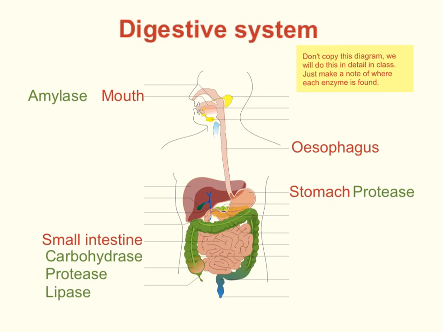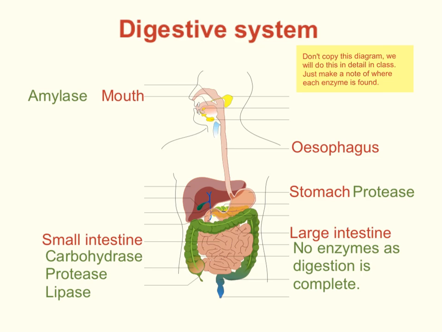Now, all of those molecules that I've just mentioned, glucose, amino acids, fatty acids, and glycerol, all of those molecules are small enough to be able to then move across and be absorbed from inside the small intestine into the bloodstream. They need to enter the bloodstream so that we can use them in our bodies. And the only thing that's going to be left then in the small intestine, continuing into the large intestine, is all the waste molecules.